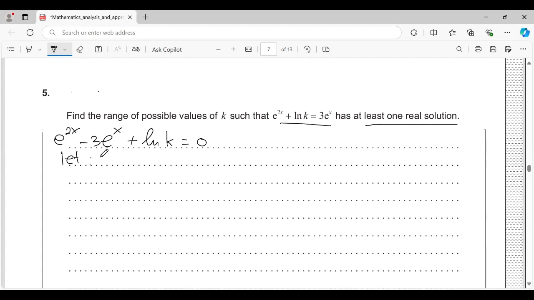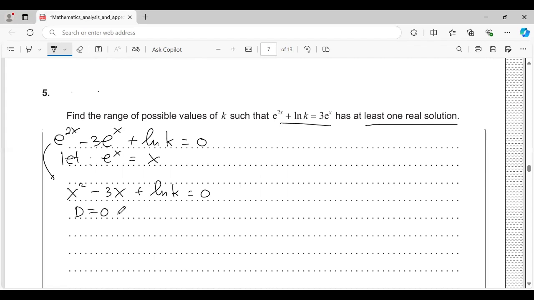Okay, if e power x equals x, this equation becomes x squared minus 3x plus ln k equals 0. If a quadratic equation has at least one real solution, it means the discriminant d is greater than or equal to 0.